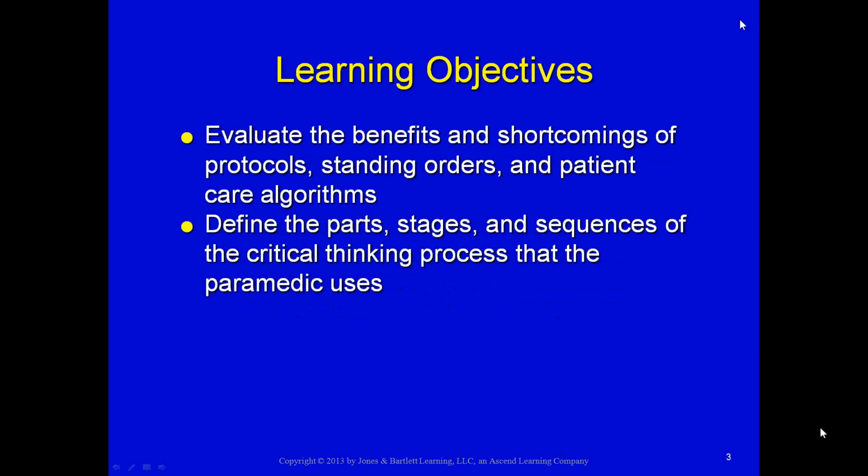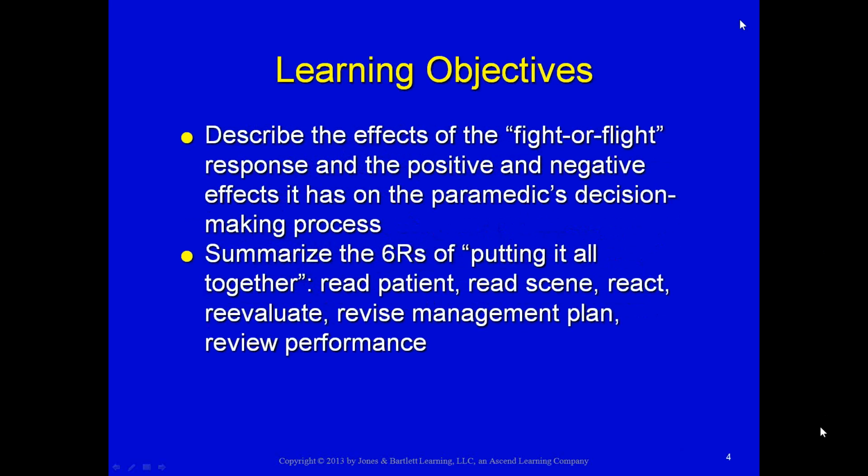We're going to define the parts, the stages, and the sequences of the critical thinking process that you use. We'll describe the effects of the fight or flight response and the positive and negative effects it has on your ability to make decisions. And if you remember, the fight or flight is the sympathetic nervous system and revolves around the release of hormones like epinephrine, norepinephrine, and dopamine.